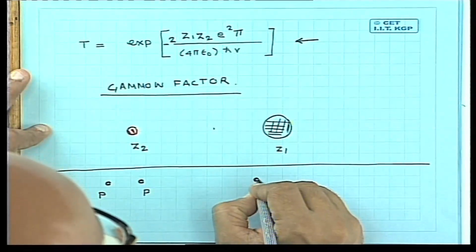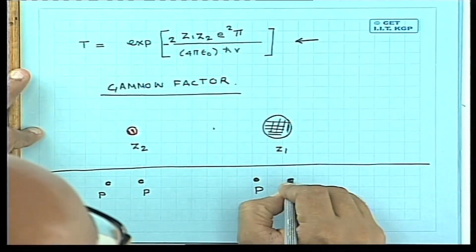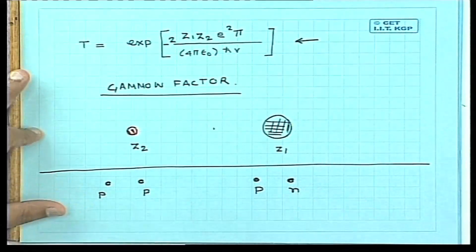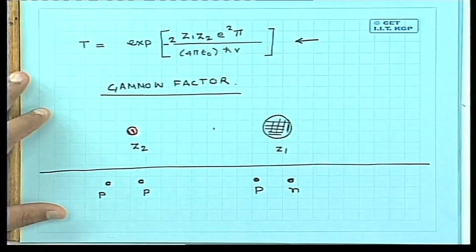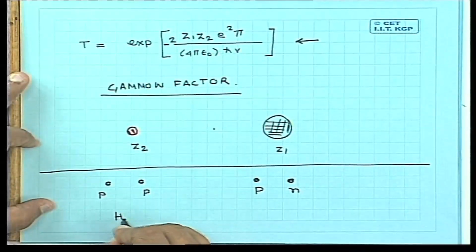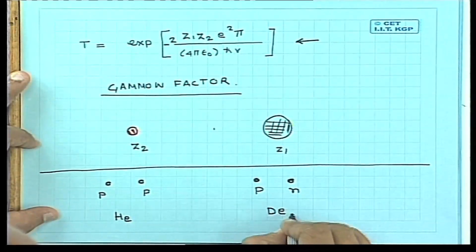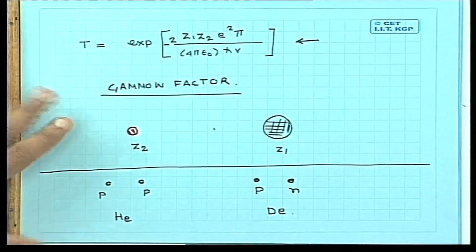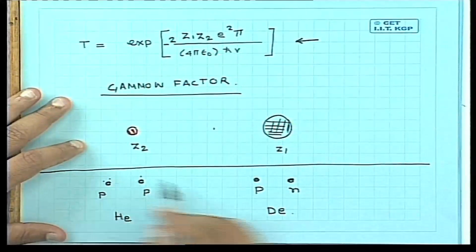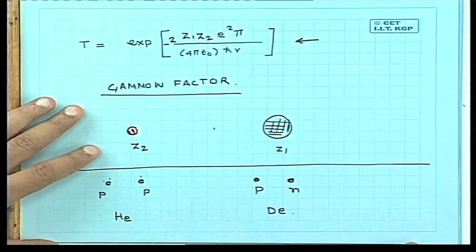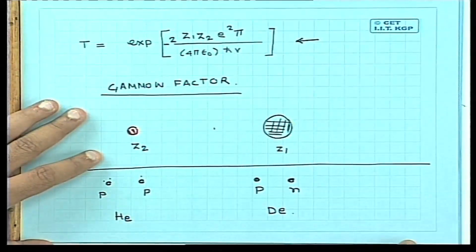A proton can also combine with a neutron to give deuterium. Right? This will be some isotope of helium, this will be deuterium. Now as far as the nuclear interaction is concerned, the proton-proton interaction and the proton-neutron interaction is nearly the same. There is no difference.